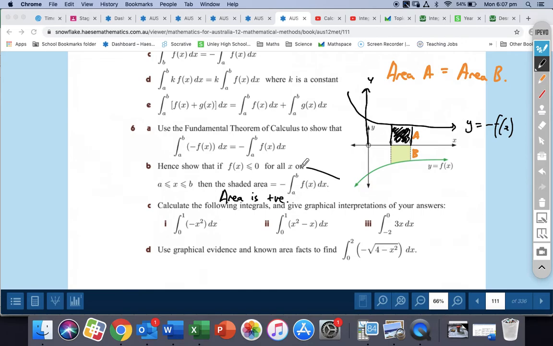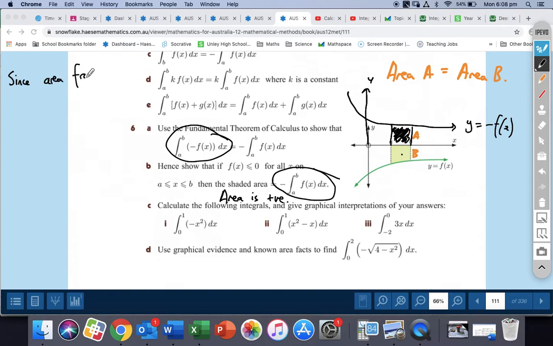That statement is equivalent to this, and then I can draw this function in and look at the area here. That area there is exactly the same as that area there. So to answer this question, I'd draw the graph and then write a sentence.